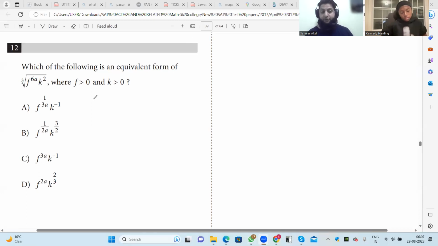Okay, before going to 12, since we have understood exponents, now we'll do a little bit about square roots and cube roots. For example, the square root of 4 is equal to how much? 2. You know why?